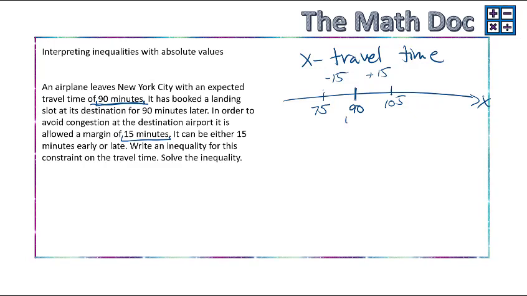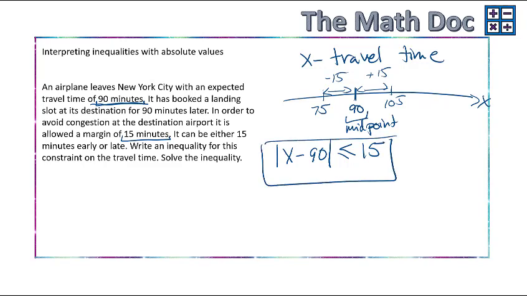Now, how do we write this absolute value problem? Well, we have our midpoint, right? This is our midpoint. So we know that our problem is going to be x minus 90. And since we want it to be just an interval of 15 minutes between the actual landing time and our request for 90 minutes, then this has to be less or equal to 15, right? This is our absolute value problem. So this one is even simpler than our previous ones. How do we solve this inequality?